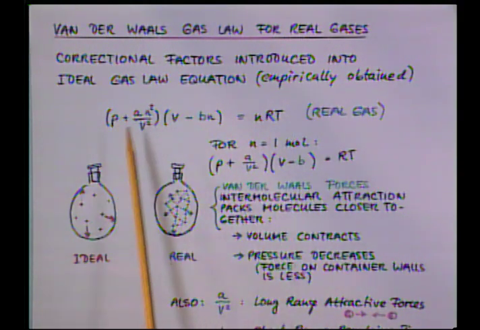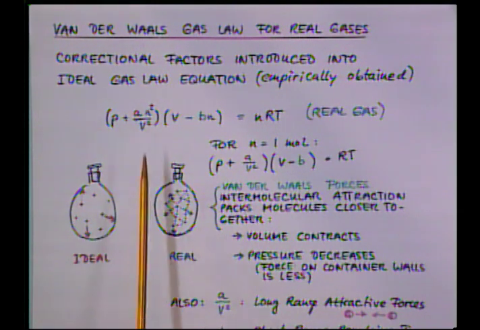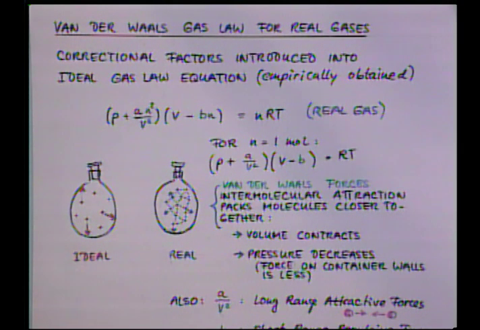Everything is the same as before, except for some van der Waals constants, correctional factors, that have to be considered. Because the volume will be a little bit contracted because of the attractive force. The pressure, we would say, might be less because the intermolecular forces keep the molecules from bombarding the container wall with the same intensity.